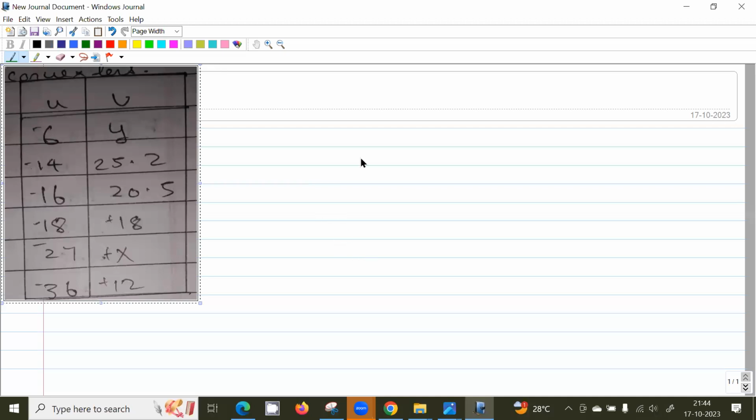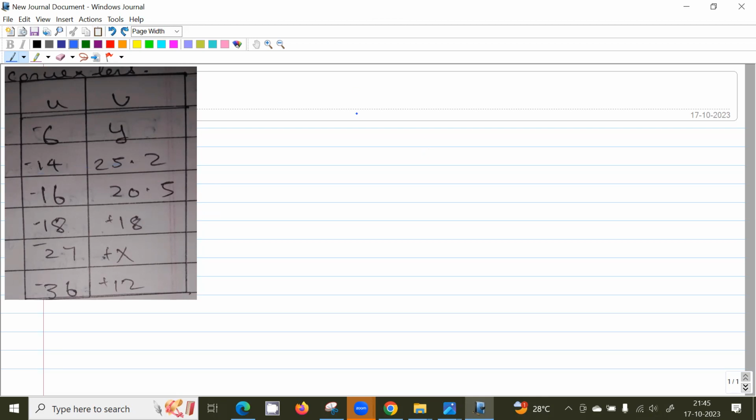So if I use the second data, second row, U is minus 14, right?